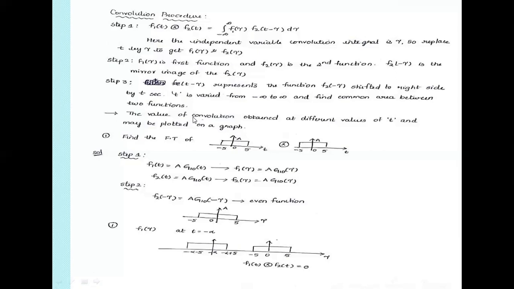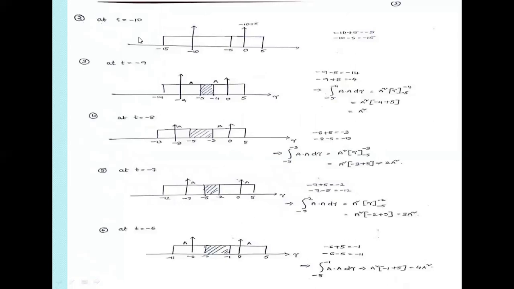See, we take the function as a variable t, by adding the two functions, from minus 10 to plus 10. First of all, assuming t is equal to minus 10, graph both the functions.